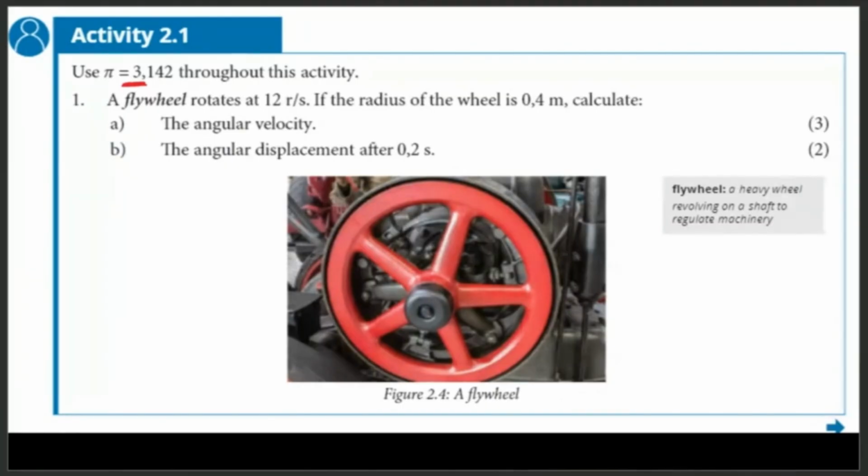But the radius of the wheel is given to be 0.4 meters. The first question says that you must determine the angular velocity. So we're just going to start with the easiest one. These are very simple questions. The angular velocity, which is the omega. From a question, the first thing you must write down is your data.